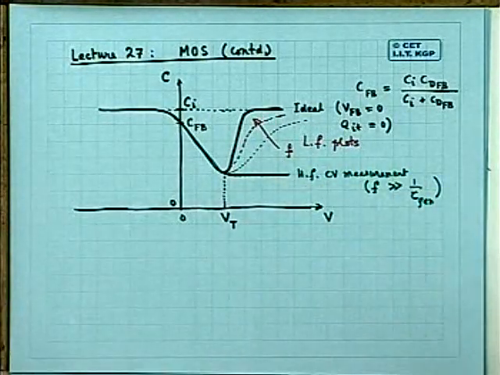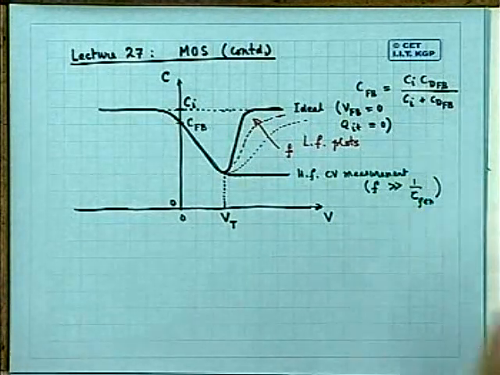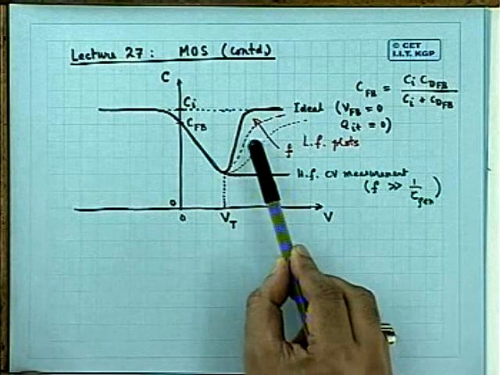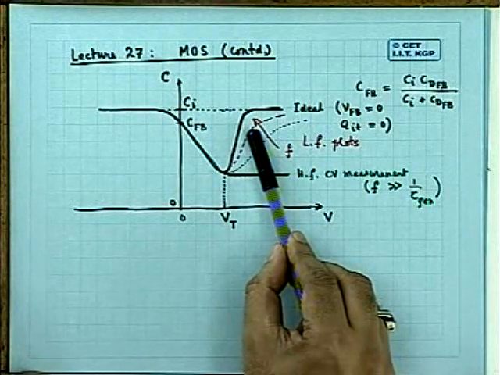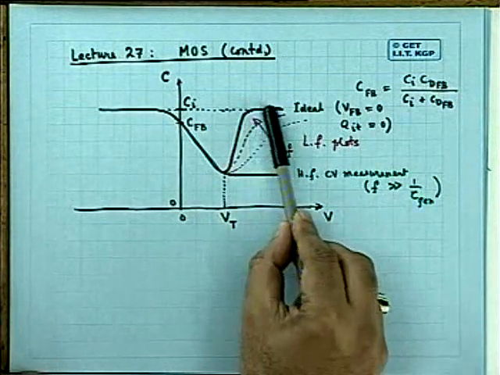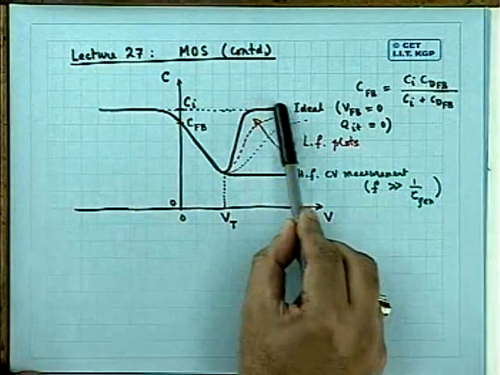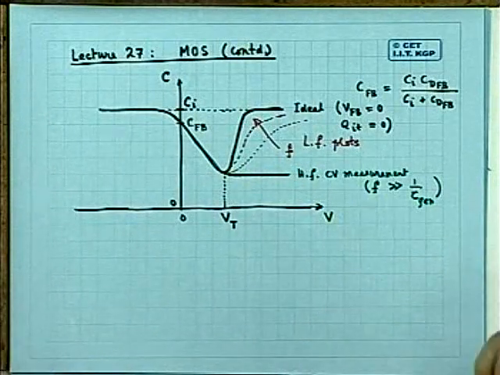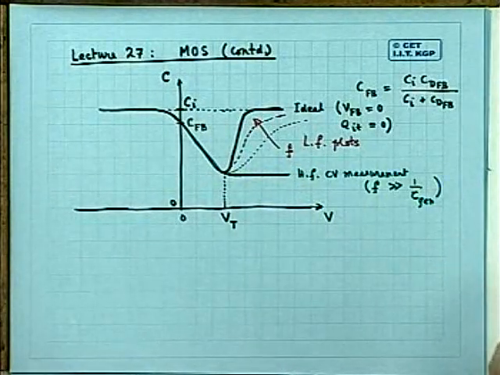As I mentioned in the last class, this may be for say 500 hertz, this may be for say 30 hertz or 50 hertz, and this curve, which is practically coincident with ideal, that may be for a frequency like 5 hertz or 1 hertz or 2 hertz.